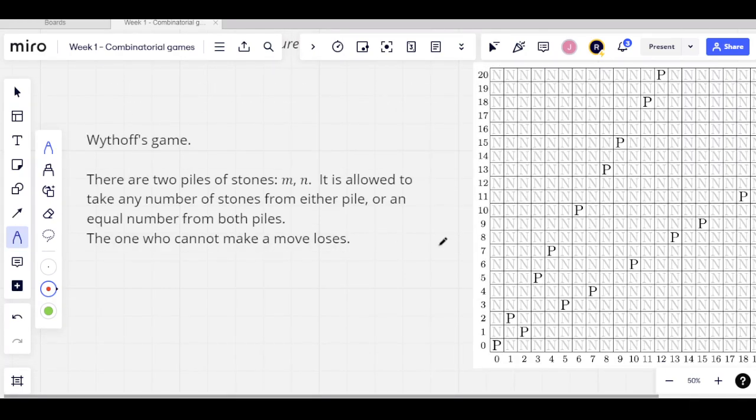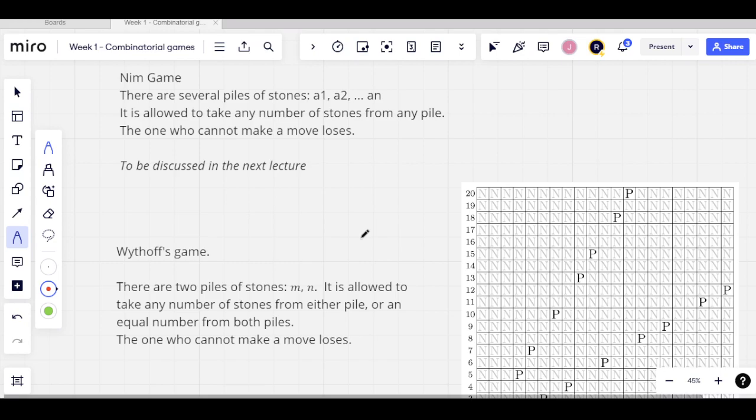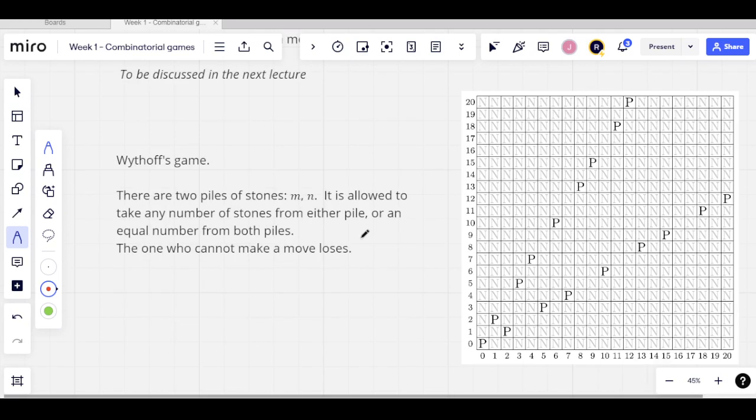Okay, the next is Wythoff's game. We have two piles of stones, m and n. M and n are not equal in this case, and it's allowed to take any number of stones from one pile, or take an equal number from both.